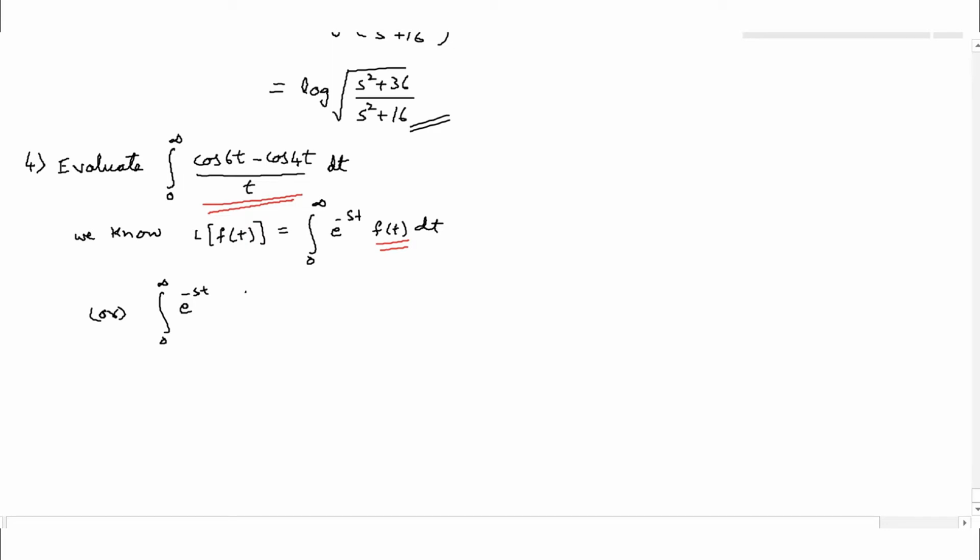Therefore, the integral of e power of minus st into (cos 6t minus cos 4t) whole divided by t, into dt, will be equal to the Laplace transform of f of t.